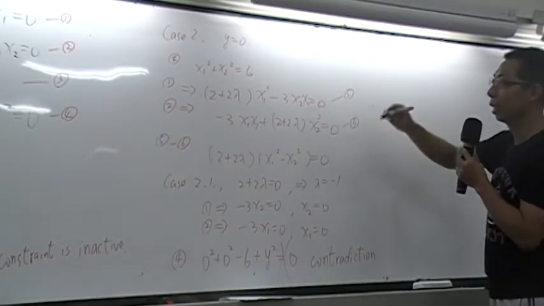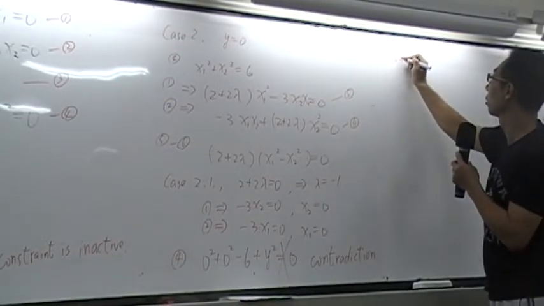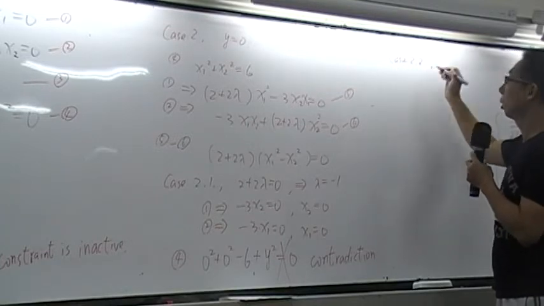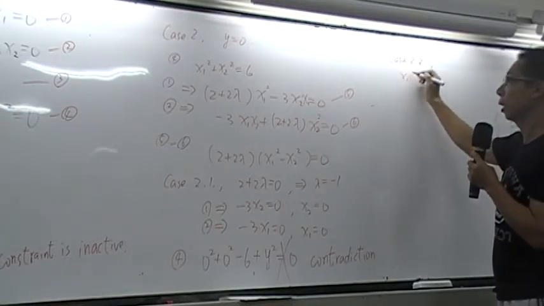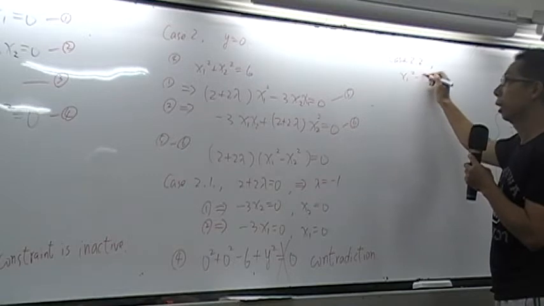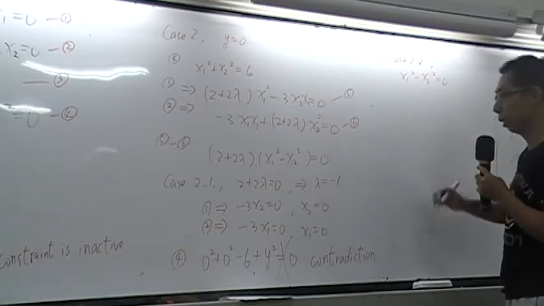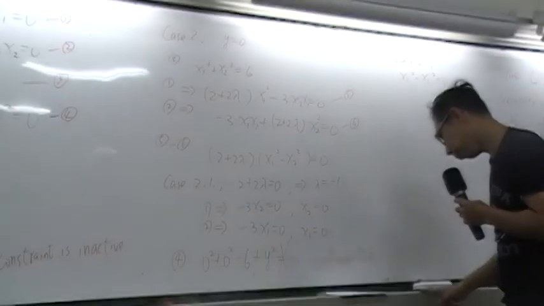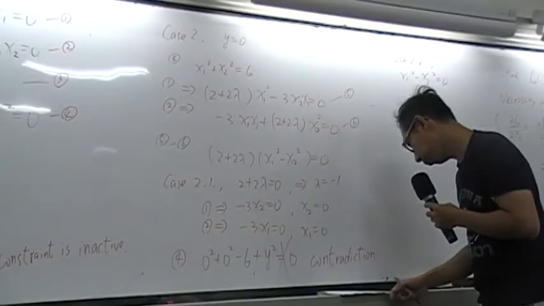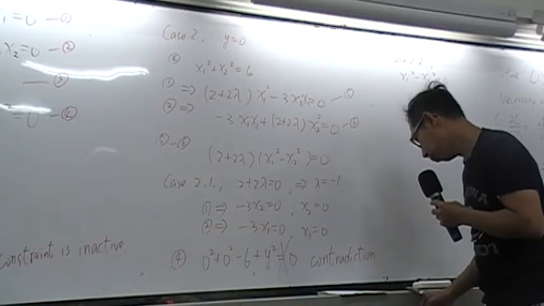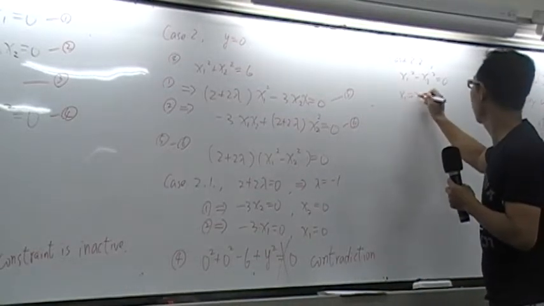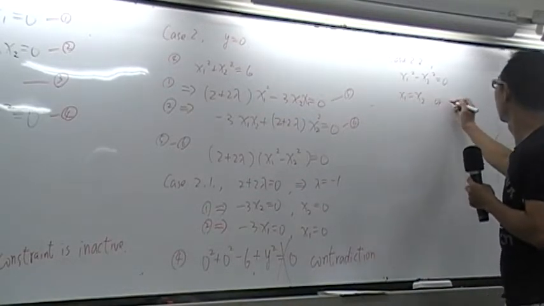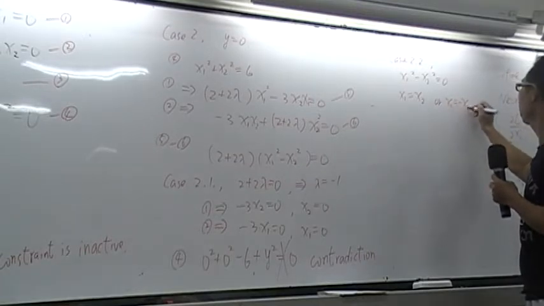And then let's see case 2.2, okay? So case 2.2, we have x1 squared minus x2 squared equals 0, okay? And then x1 equals x2 or x1 equals negative x2, okay?